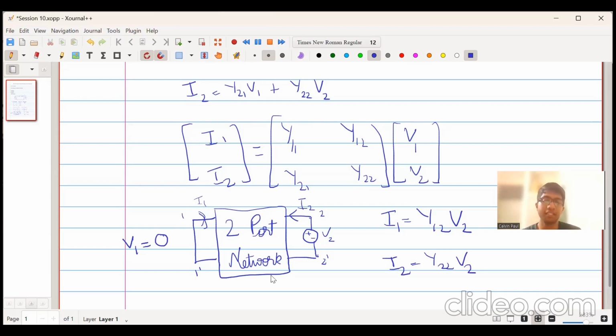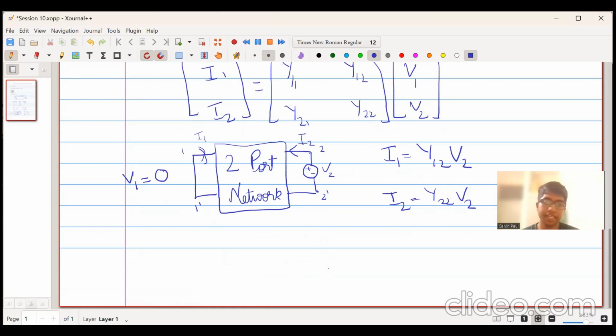So from this we get Y12 equal to I1 upon V2 with the condition that V1 is equal to 0. Similarly, we get Y22 equal to I2 upon V2 with the condition that V1 is equal to 0.